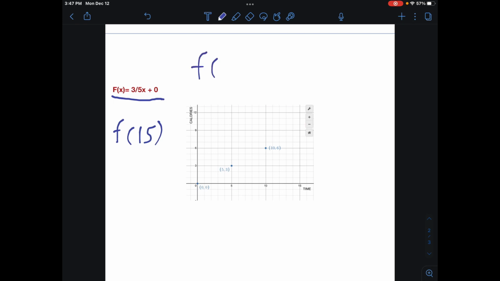Then I'm going to replace that x value with the 15. f of 15 is equal to 3 over 5 times 15. And I'm just going to leave the 0 out of it because it's not going to influence our output or our answer anyway.